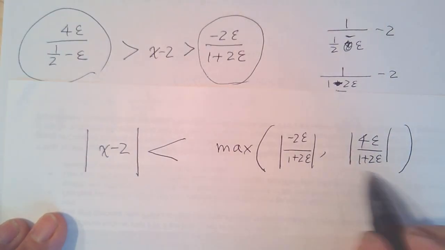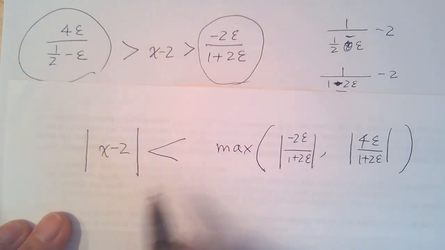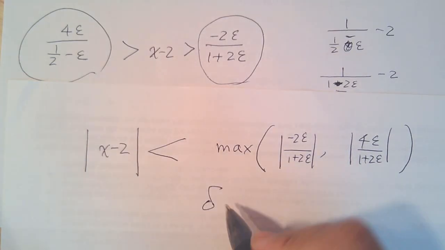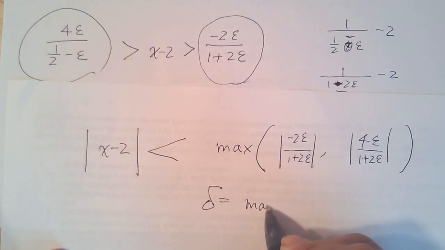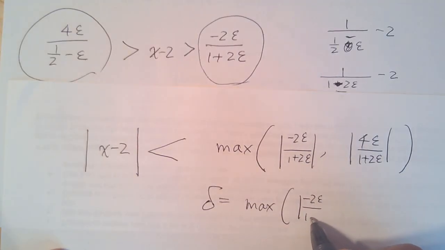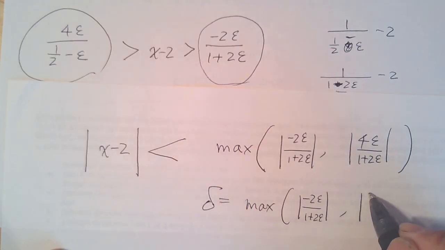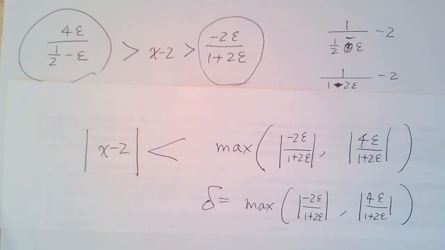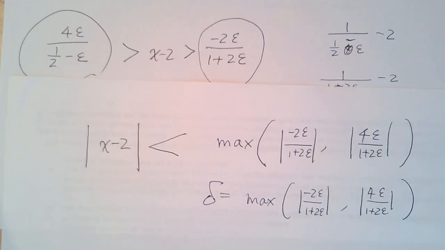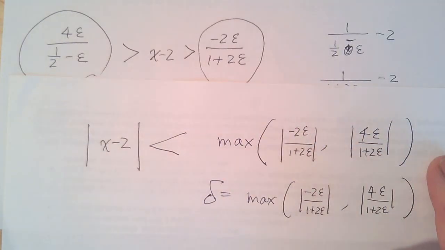I don't know which one is greater, but whatever the greater one could be, that will be my delta. So my delta is the maximum of these 2 absolute values. I don't know which one is greater, because it really depends on how much you choose this epsilon.